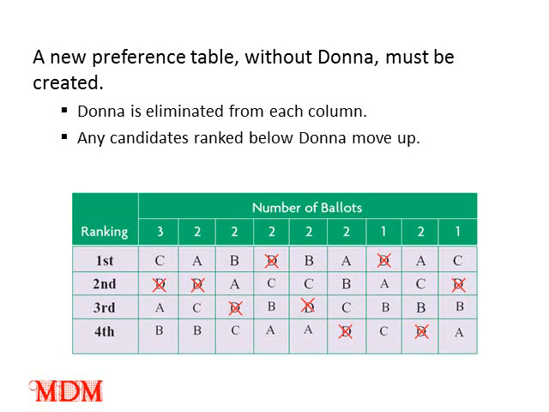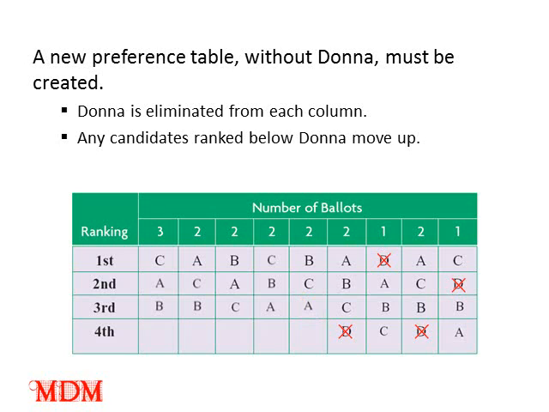So notice in the first column we have 2 people, Alice and Bob, who were ranked below Donna, and now they're going to move up. In the second column, we have 2 people who were ranked below Donna. They also will move up. In the third column, 1 person moves up. In the fourth column, all 3 move up.